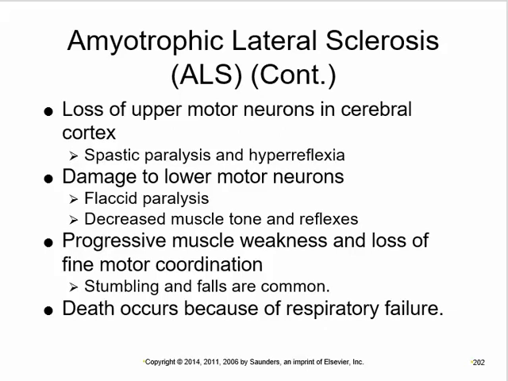Glutamate is an excitatory neurotransmitter, and excessive amounts of glutamate or problems of processing glutamate will make these neurons not function, and then the nerves become sclerotic.